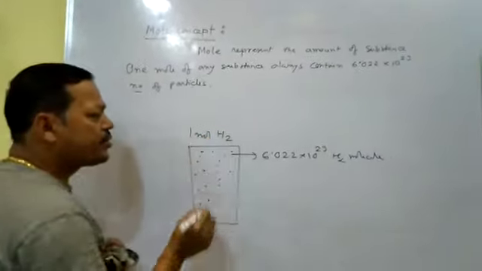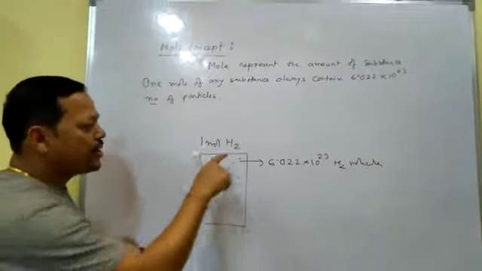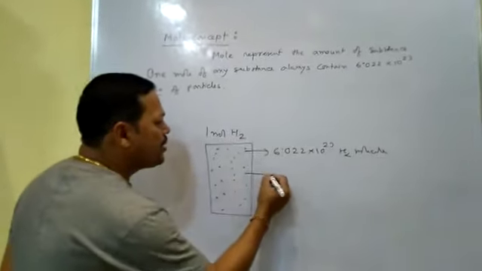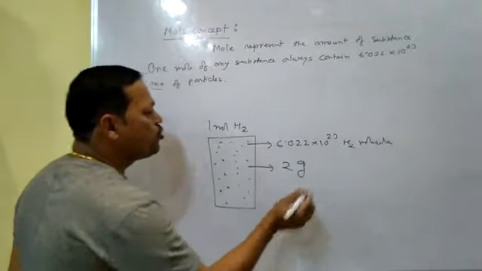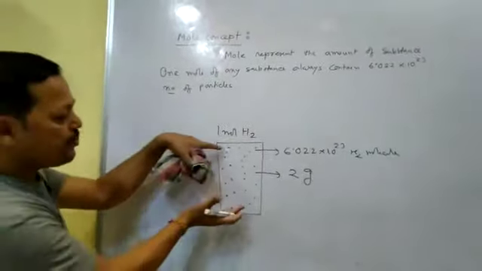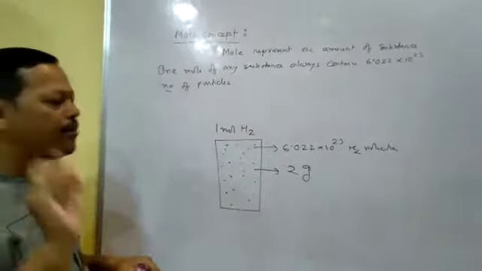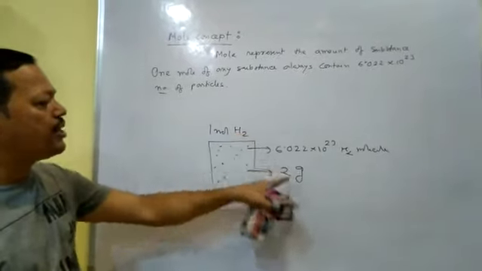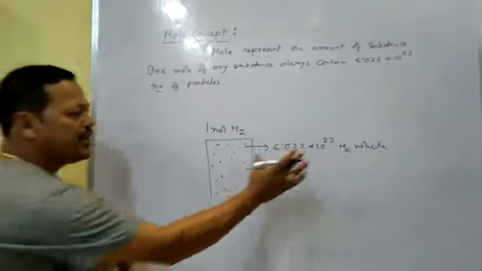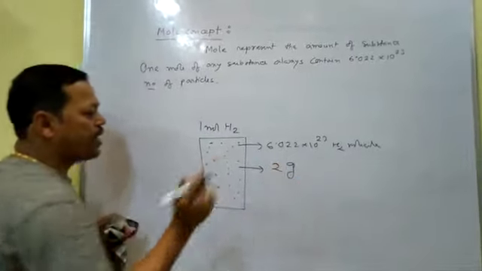Since the hydrogen mass is 1, but here 2 hydrogens, that's why 2 gram. That means this 1 mole of hydrogen contains 2 gram. I mean the amount of gas present here contains 2 gram only, because the molar mass of hydrogen is 2 gram. So this is in terms of number of particles, and this is in terms of mass.